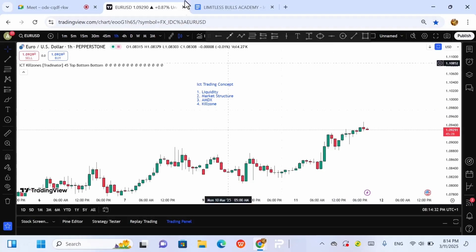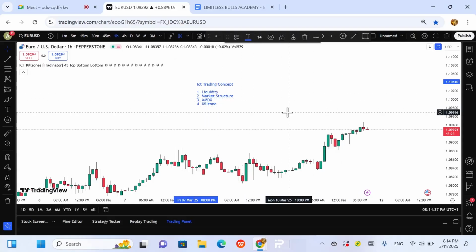According to ICT, most of the types of liquidity are subcategorized.